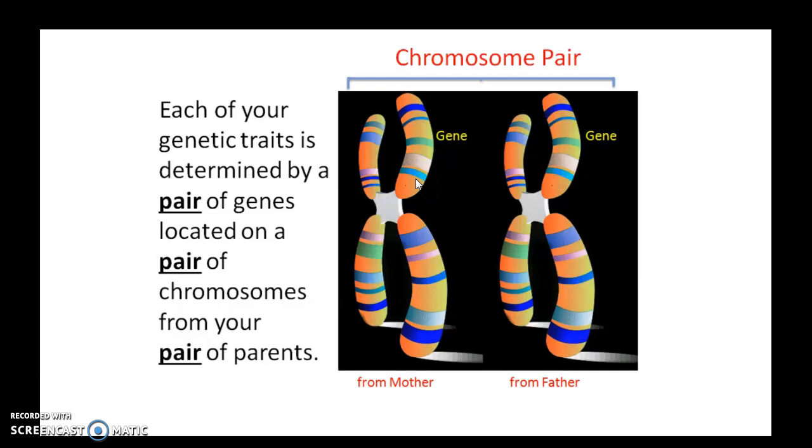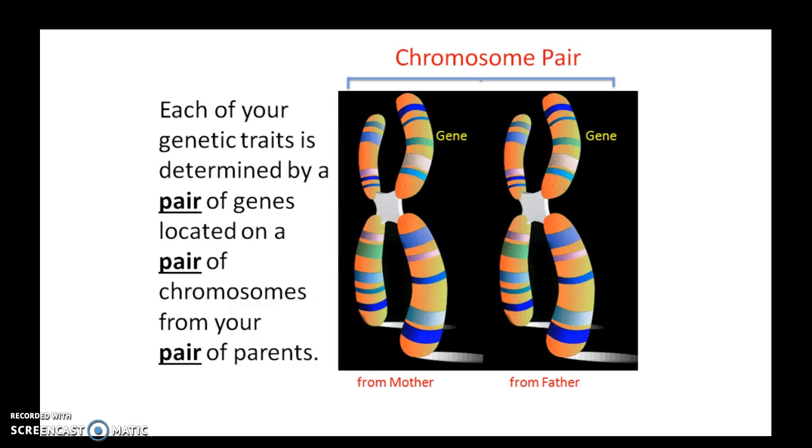They would not code, however, for the same gene, I mean. So for example, say mom gave you the gene for blue eyes, dad over here has also given you a gene for eye color, say it's for brown. So you have a blue gene and a brown gene. What are you going to exhibit? What gene are you going to express? That's what we're going to talk about in this chapter.